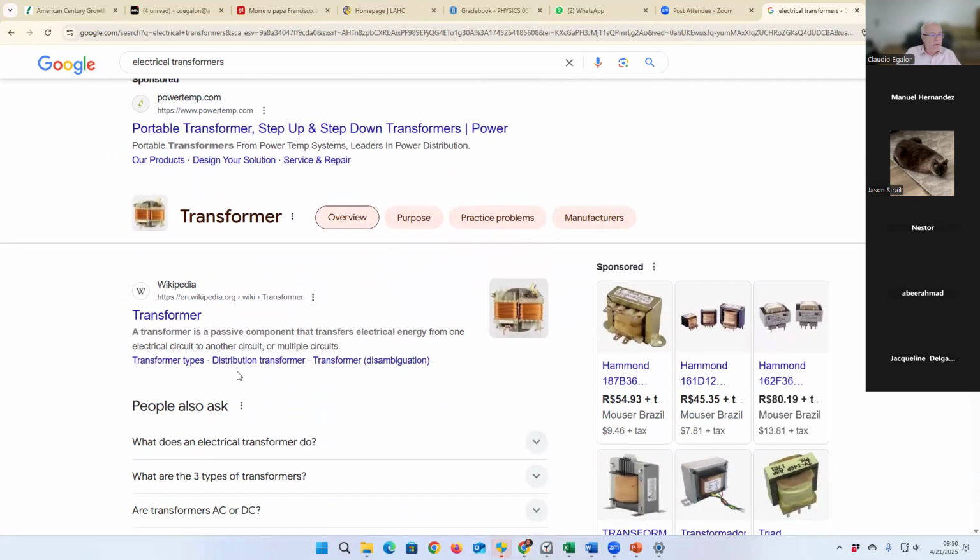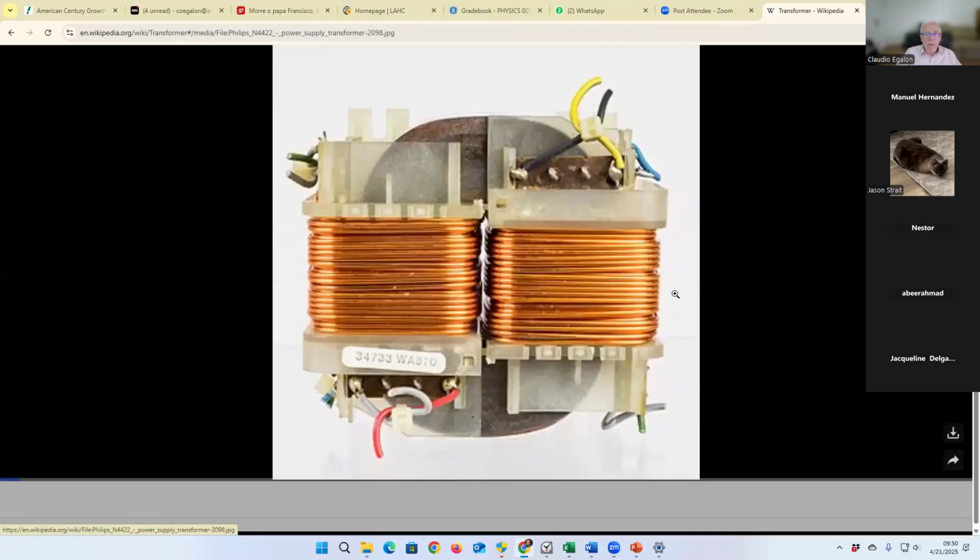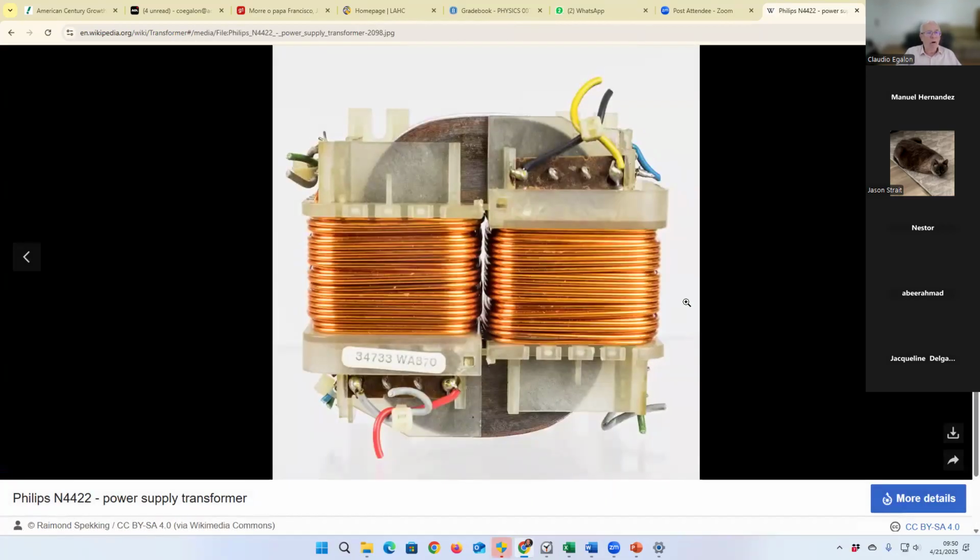One more student here. Okay, here you go. We have a very good picture here of a transformer.